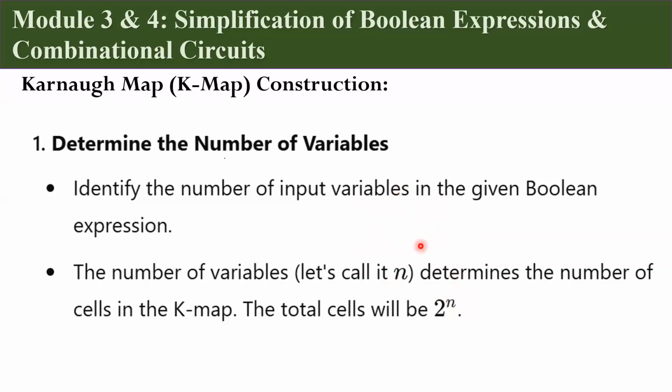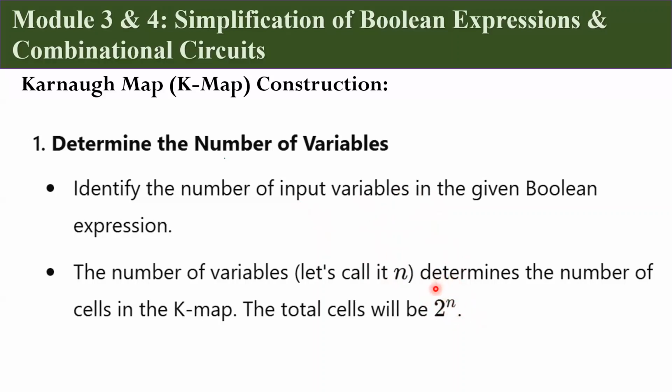If I have 3 inputs, I will have 2 raised to power 3, which is 2 times 2 times 2. 2 times 2 is 4, times 2 again is 8. So for a 3-input variable, I'm going to have 8 cells in the Karnaugh map, okay?